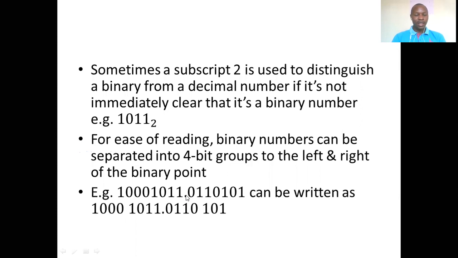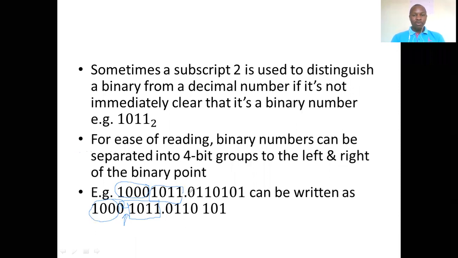It doesn't change anything. So starting from the binary point going to the left, we'll group our bits in 4s. So that means these first 4 bits are the bits that we have here. And then we have these next 4 bits, they are the bits that we have here. What we've just done is to insert space in between them so that it becomes easier to read them.